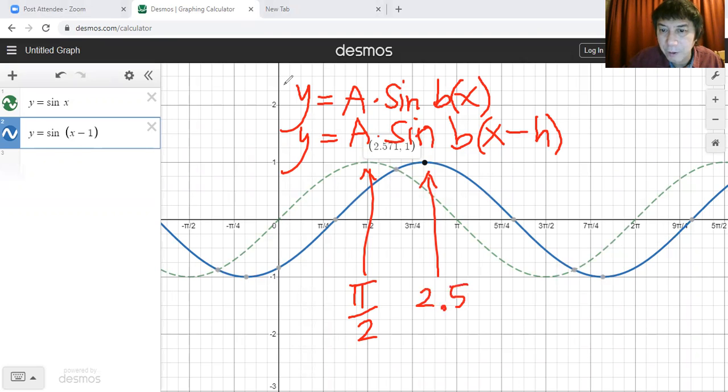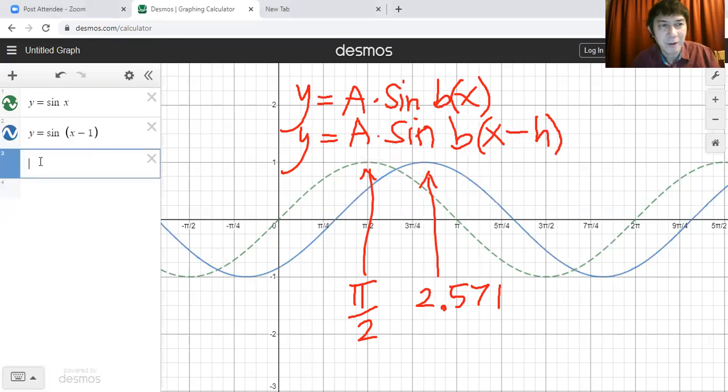So 2.571. Let's determine the difference. Let's find out if it really moved to the right. Remember, our original graph is the hidden line graph. Let's find out if it really moved to the right by 1 unit. So we shall compute what is 2.571 minus pi over 2.